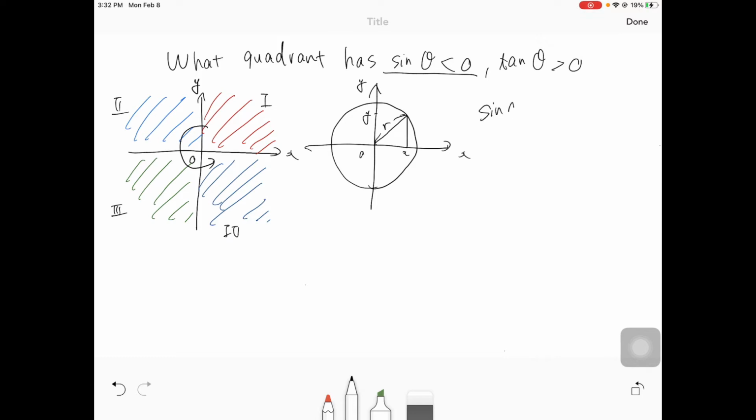So sine theta is going to be y over r. Then let's think about each quadrant.